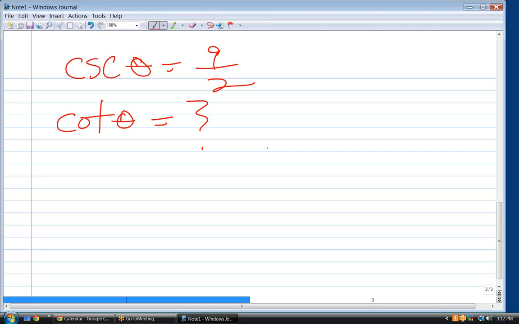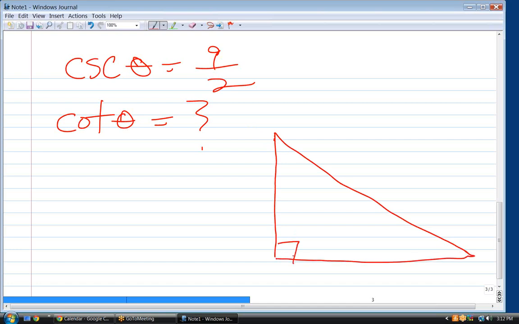And we can do that. The way you do it is always to start out by drawing the triangle, a right triangle, and labeling theta. Now, what else can we label on this triangle?